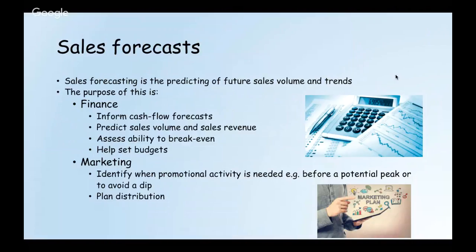By using a marketing campaign, that can help us to avoid a dip and try and ensure that we have a balanced level of sales throughout the year. In addition, this helps us to plan distribution of the product. When and where should we be putting the promotional campaigns?